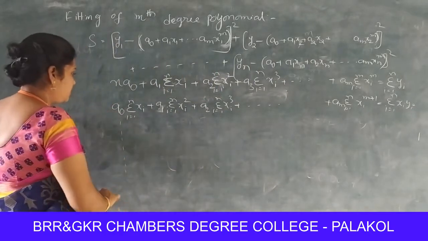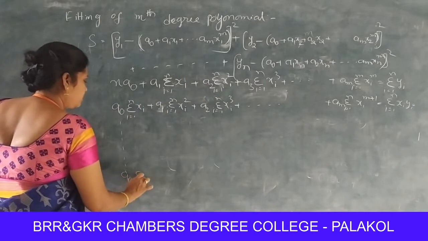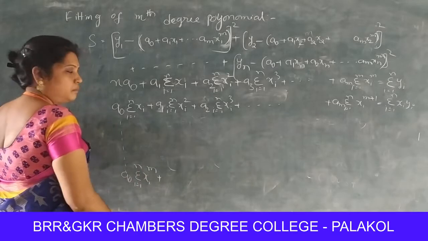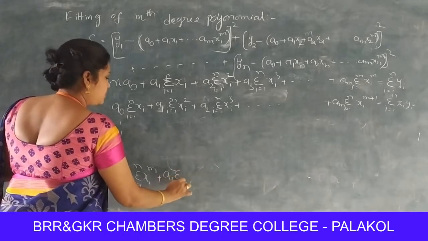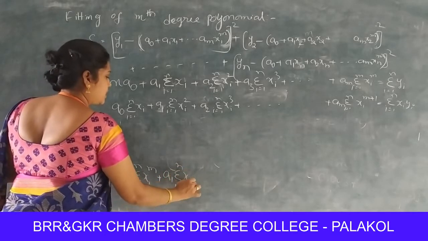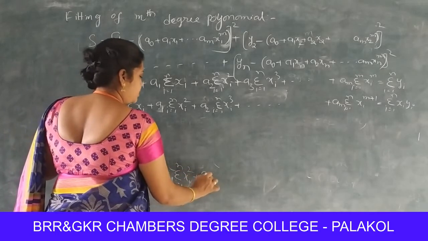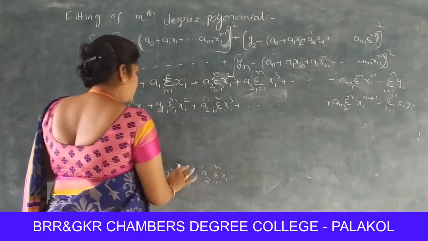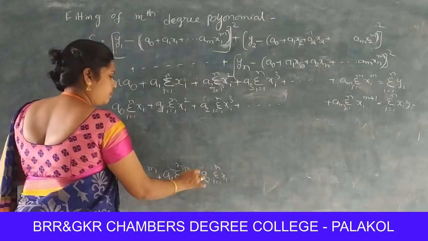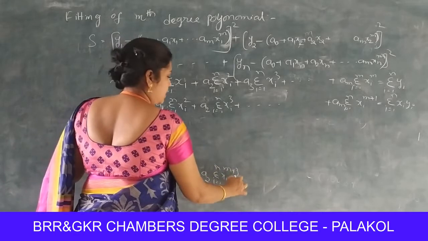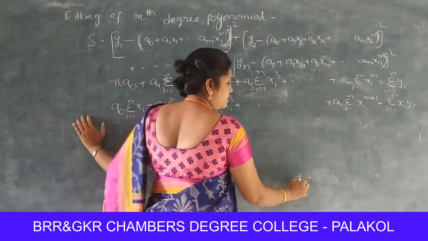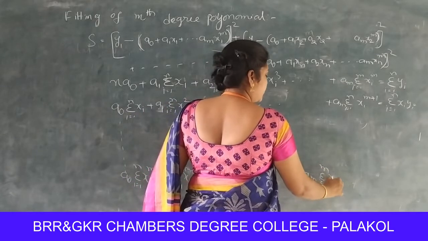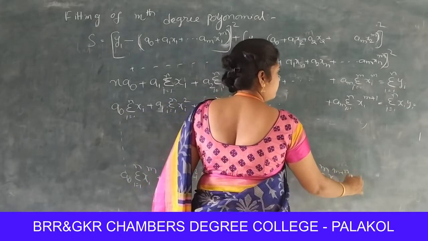The last equation is a naught into sigma xi power m plus a1 into sigma xi power m plus 1 plus a2 into sigma xi power m plus 2, and so on, with the last term am sigma xi power m plus m, which is xi power 2m.